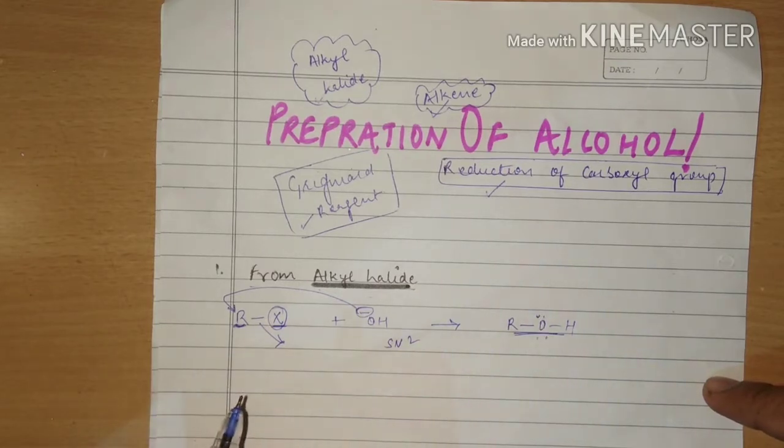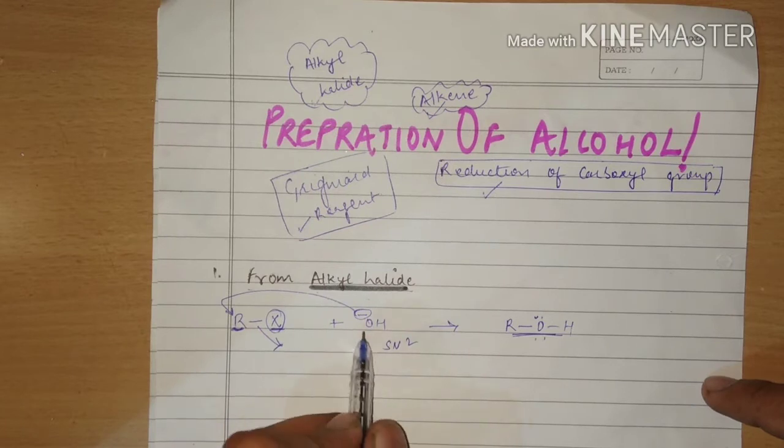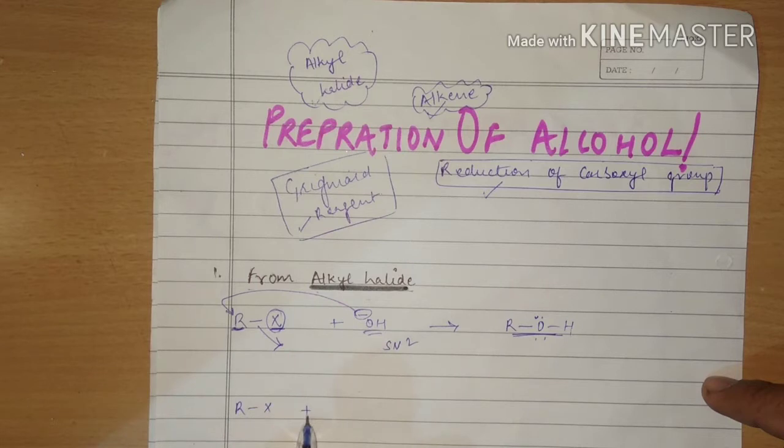Also we can prepare it by using water in place of OH minus. So we can use RX plus H2O. The lone pair of water will attack R and X will leave similarly.